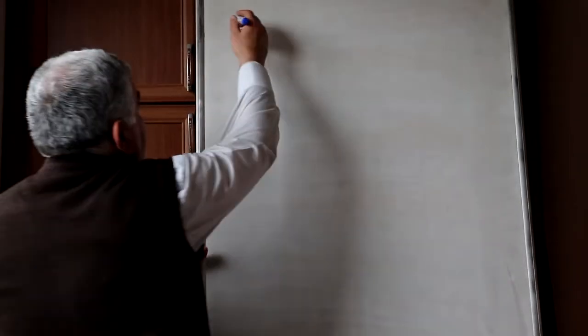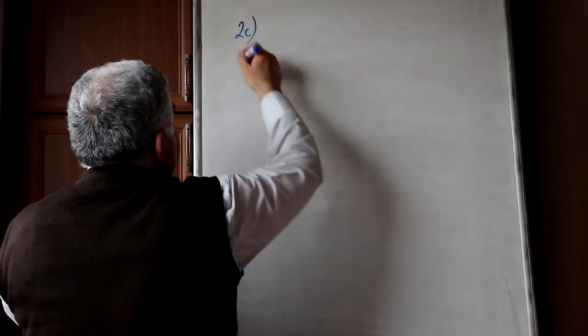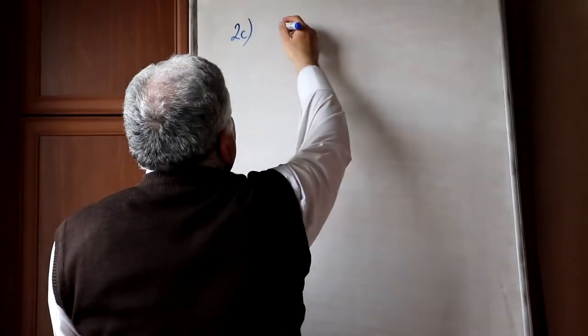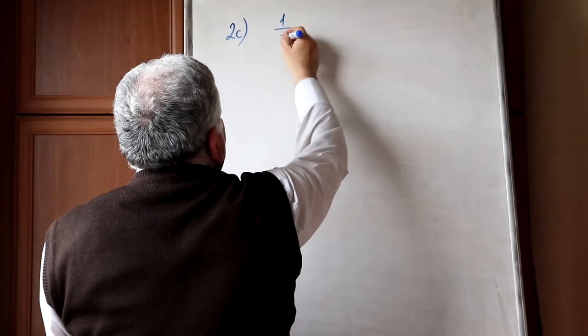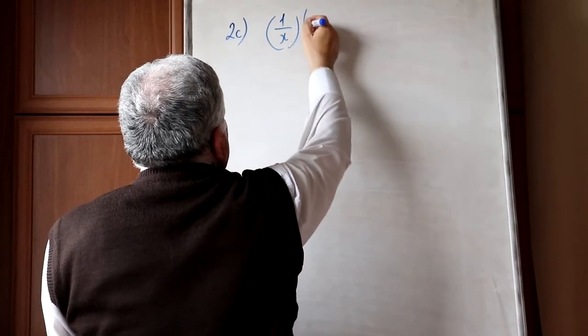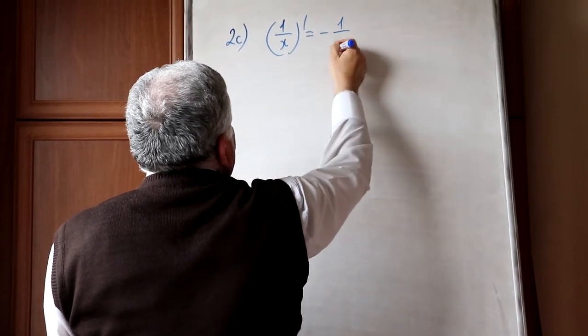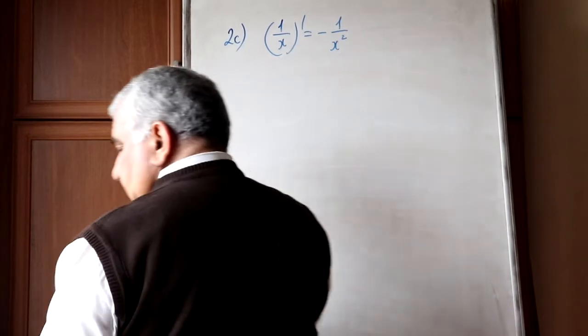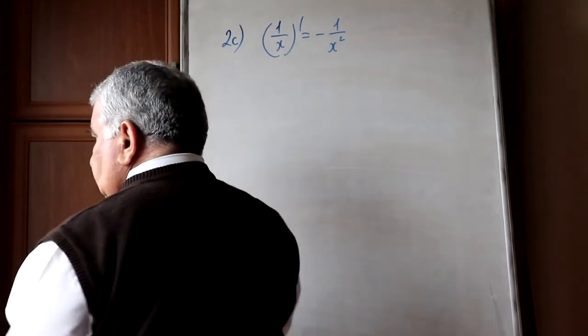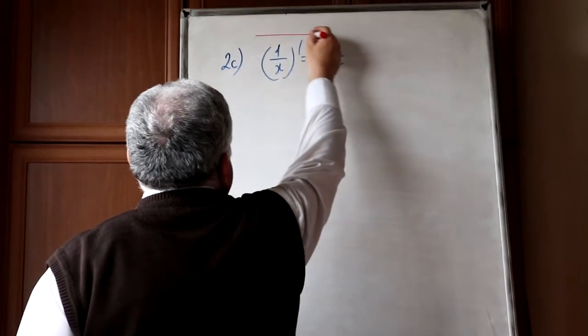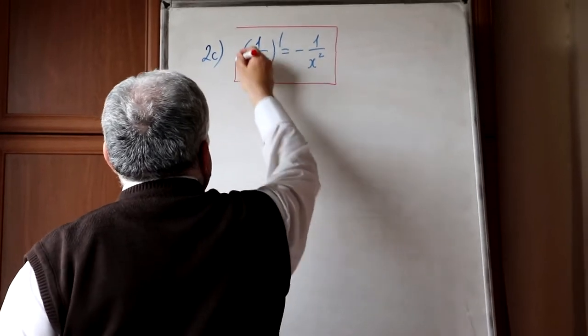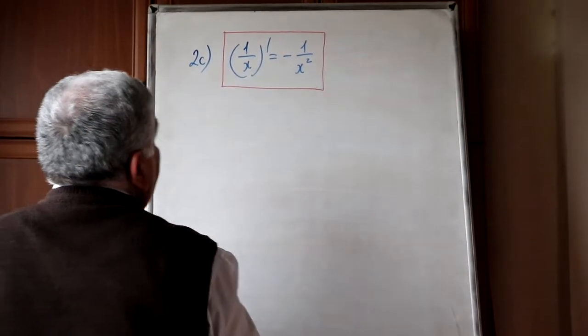Then write the rest of the particular formulas for the derivative of the simple power function. Formula 2c: 1 over x prime is minus 1 over x squared. It is the third particular formula for the simple power function derivative.